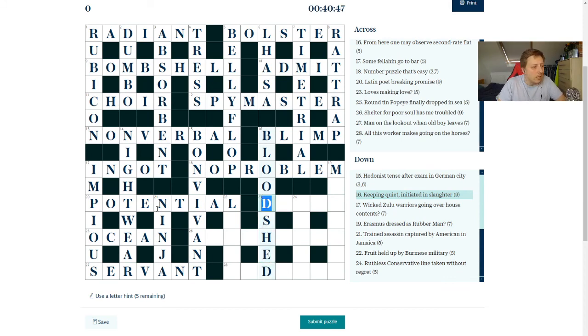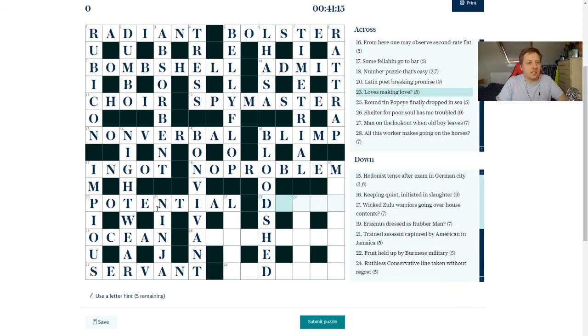23 across. Loves making love. Ooh, matron. Goodness.